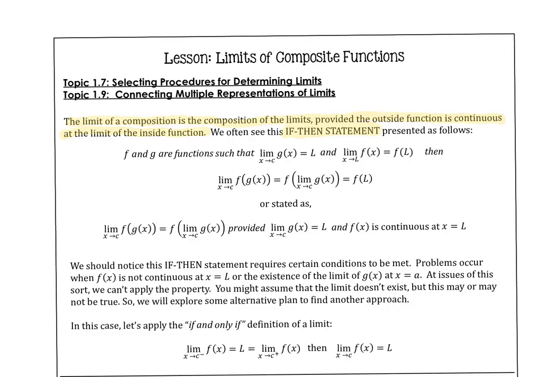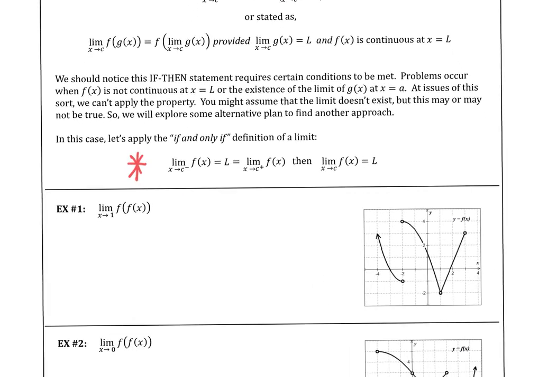In this case, let's apply the if and only if definition of a limit. This is really key to understanding. Our students have to understand that the limit of a function from the left and the limit from the right of any target number have to approach the same real number at that target value.